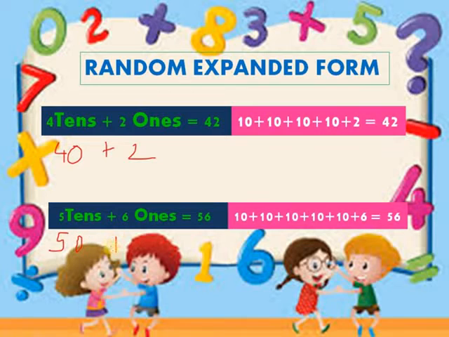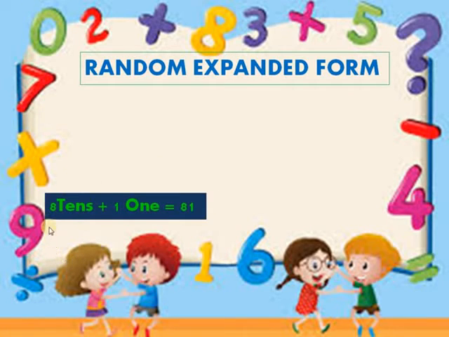42. In 42, 2 is in ones place, so we have written 2 ones. 4 is in tens place, so we have written 4 tens, which means 10 plus 10 plus 10 plus 10 plus 2 is equal to 42.